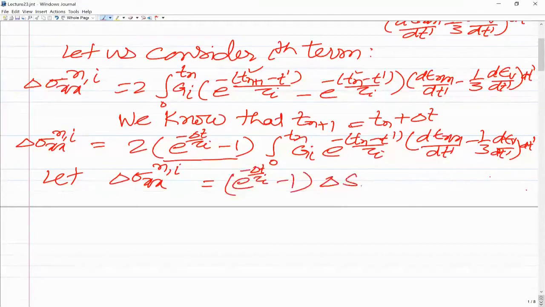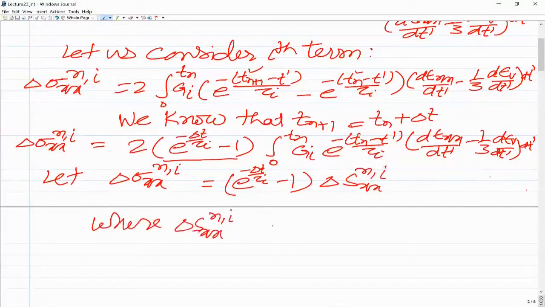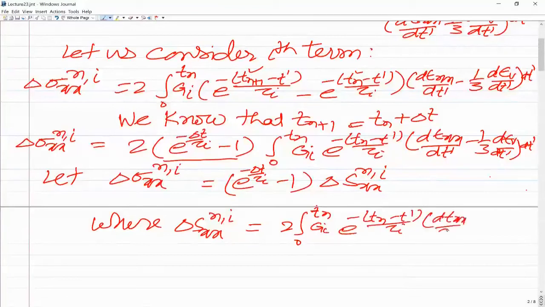Now I am using another notation, s xx n comma I, where this delta s xx n comma I is twice the integration 0 to tn of gi e to the power minus (tn minus t dash) upon tau I into d of epsilon xx by dt dash minus 1/3 of d of epsilon v by dt dash into dt dash. So yeah, for this we want to derive the recursive relation.